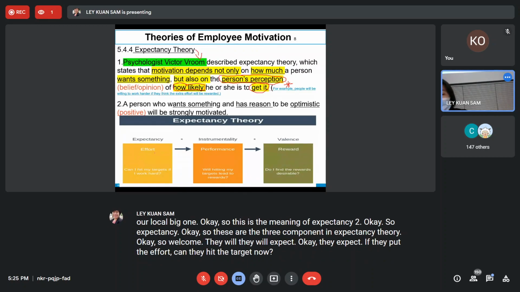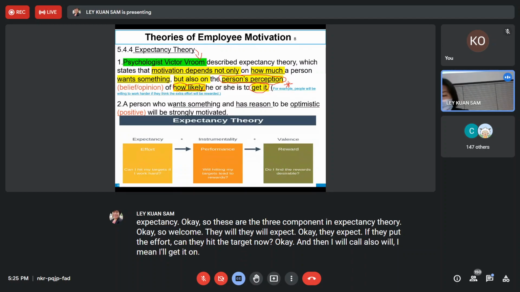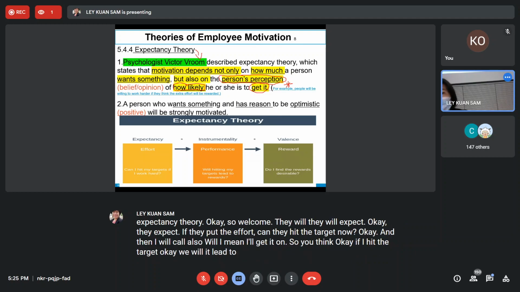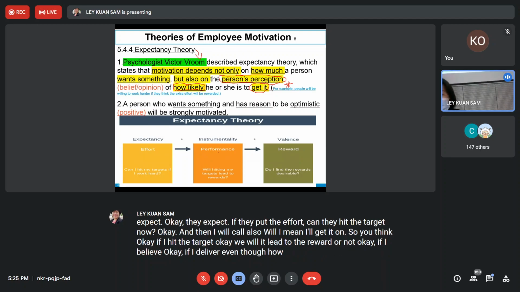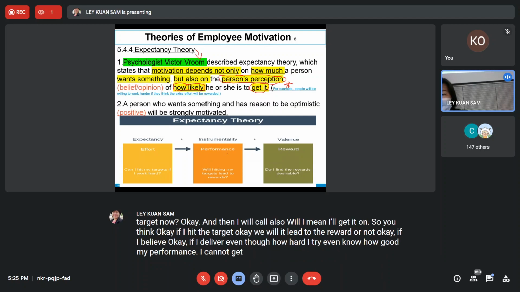And workers will also think: if I hit the target, will it lead to the reward or not? If I believe that no matter how hard I try, no matter how good my performance, I cannot get the reward, then I will feel demotivated. I will not try.